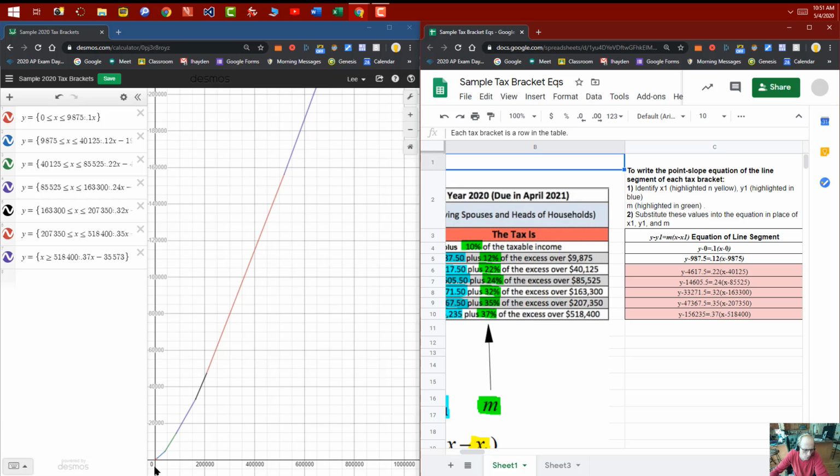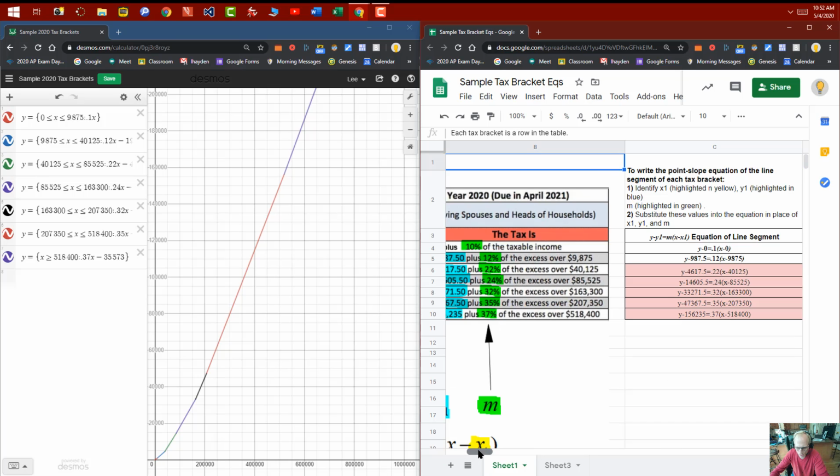Essentially, we're still going to have the same shape for our function. However, it's going to be shifted 12,400 to the right, because this tax bracket doesn't really start at 0. It really starts after you've made $12,400.